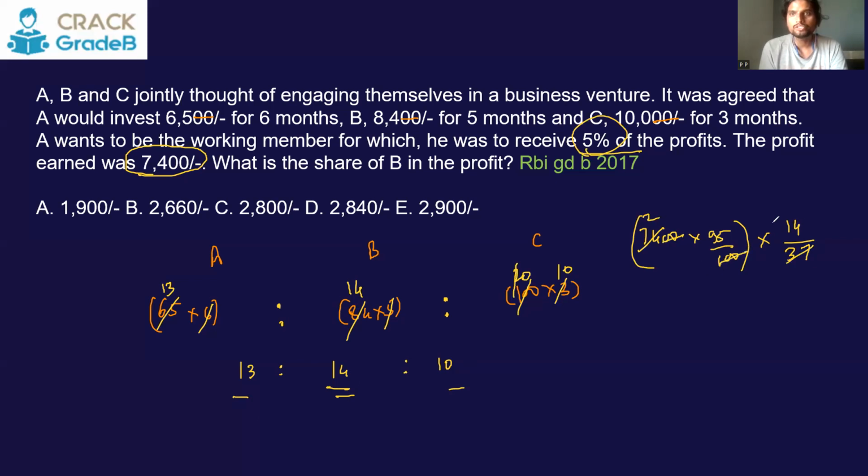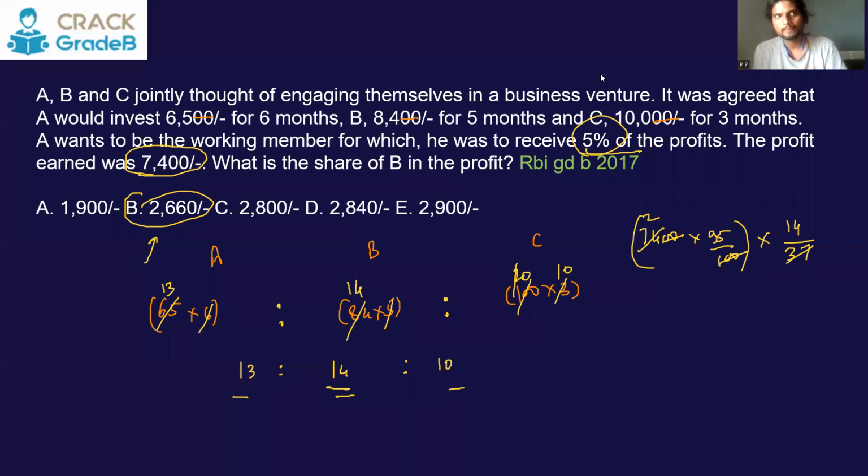So 95 into 2 into 14. This is what you have to do. 2660 will be the answer. Easy.